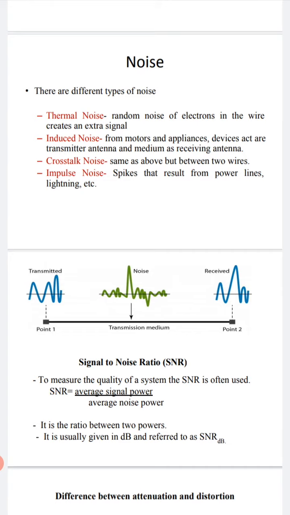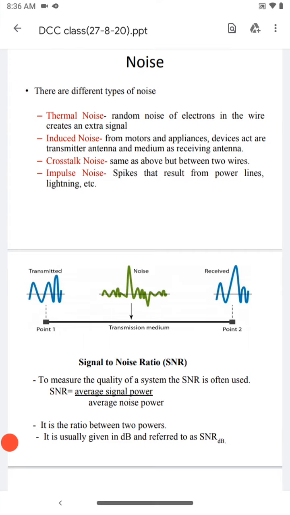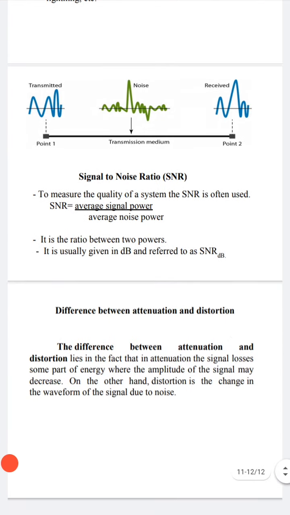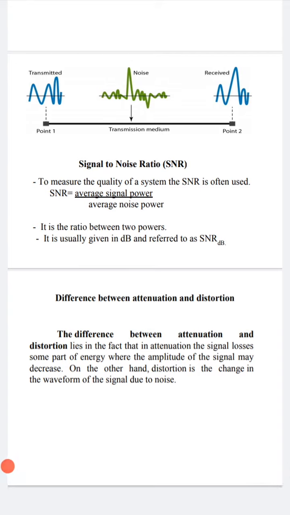So when you send the signal from the sender side, some noise will be added. When you send through the transmission medium, at that time some noise will be added to the input signal. So the output signal may be changed. There is an imperfection. So this is the example.